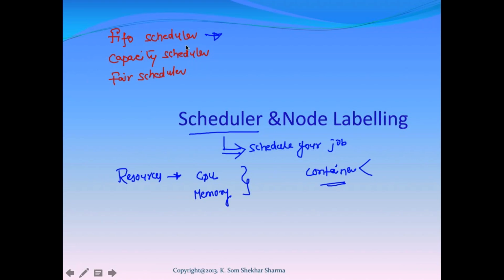FIFO is the very basic scheduler, but the problem with the FIFO scheduler is that once a job is submitted, you won't be able to submit the other jobs until the first job is finished.